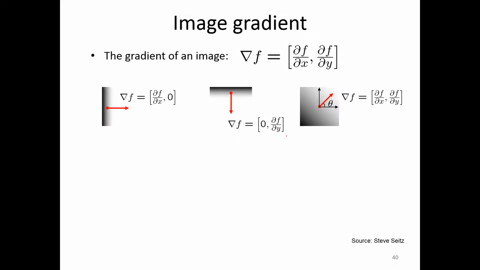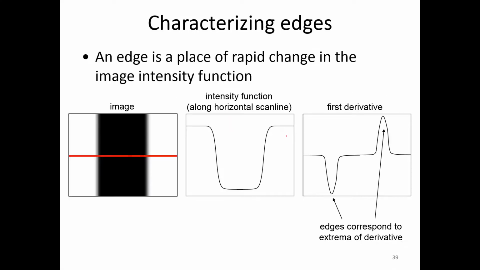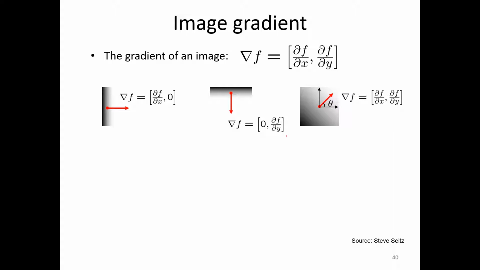But before I look into one of these problems, let's look at how we detect edges that are not horizontal or vertical. What we can do is look into the gradient in both directions, right?